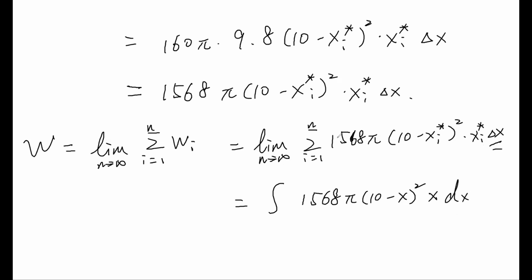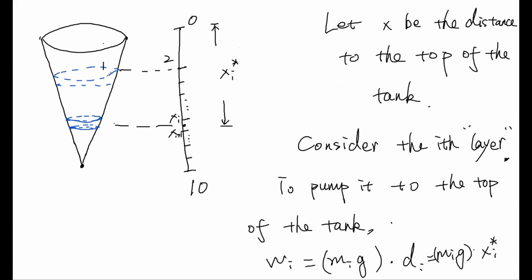And the bounds for this integral will be from 2 to 10, where 2 represents the distance of the top layer to the top of the tank. Remember, there is a 2 meter difference between the top layer and the top of the tank, and 10 represents the distance of the last layer to the top of the tank.